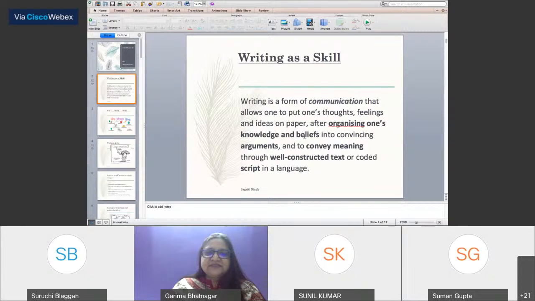I think you missed this part, right? So we have to have a well-constructed text to convey meaning or a coded script. So the text is not well constructed and this coded script is not being used properly. Though the person is trying to organize, this is not well organized. Again, as Subedar sir said, he has been able to put across the knowledge and beliefs in an argument, but the conveying of meaning is not proper because the text is not well constructed and the coded script is not there.